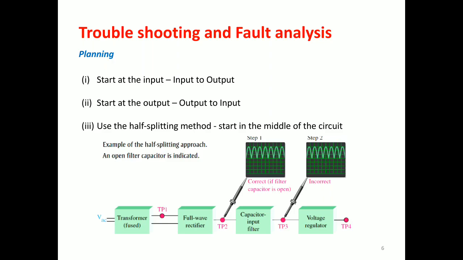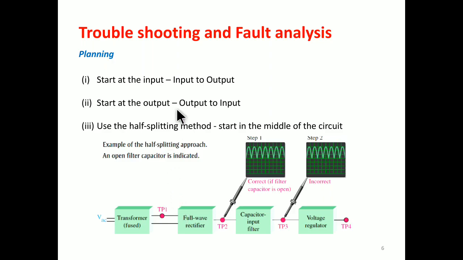In all troubleshooting approaches, you must know what the voltage is supposed to be at each point in order to recognize an incorrect measurement when you see it. So this is start at the input, from input to output.